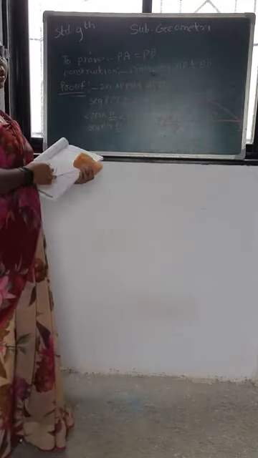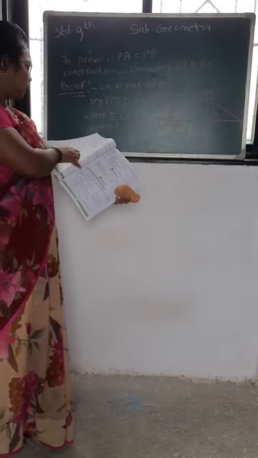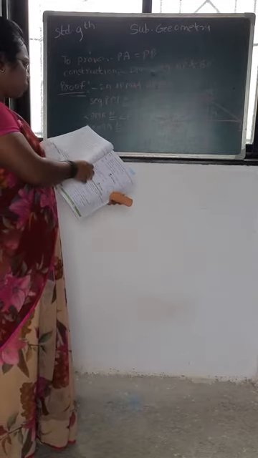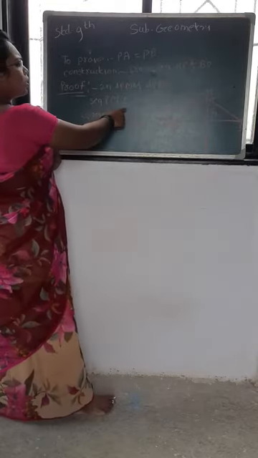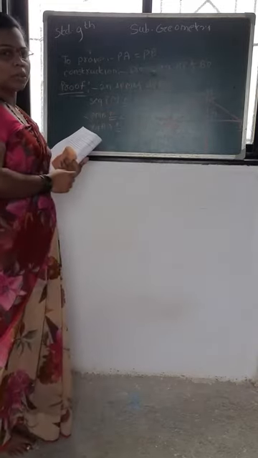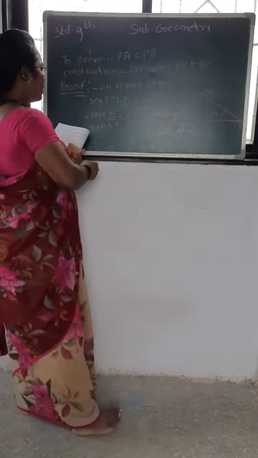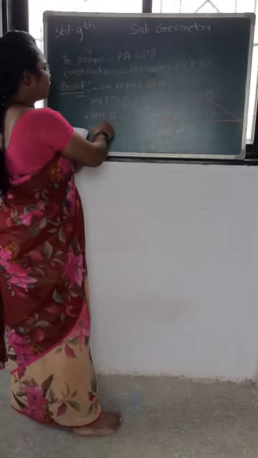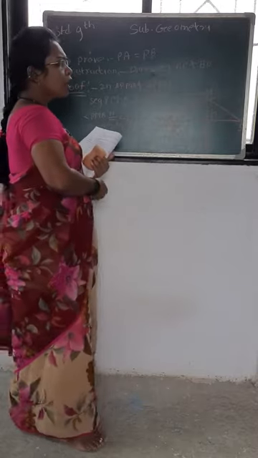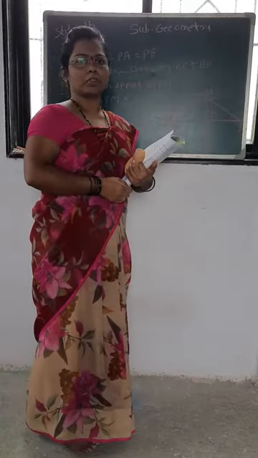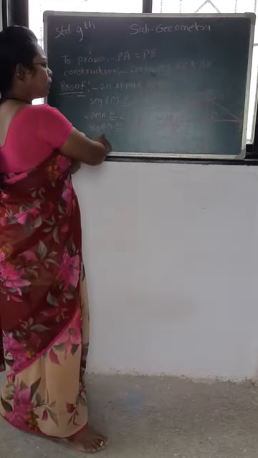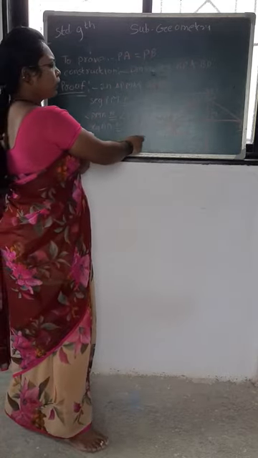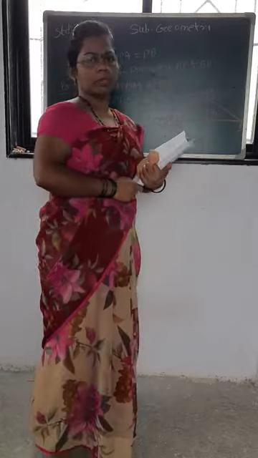From these 3 points: segment PM is congruent to segment PM, common side of the two triangles; angle PMA is congruent to angle PMB, each is 90 degree or right angle; and segment AM is congruent to segment BM, given in the statement.